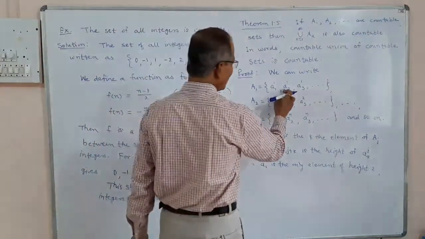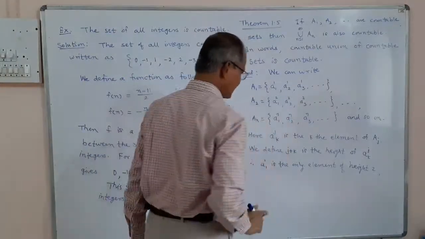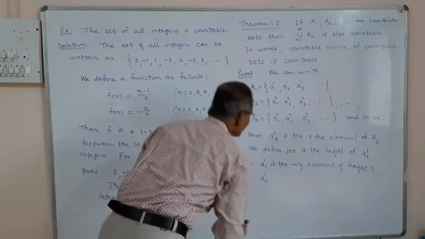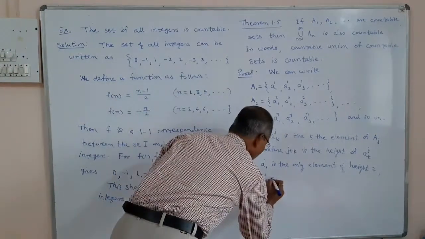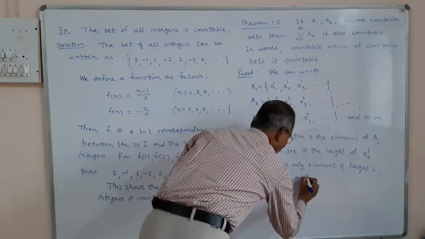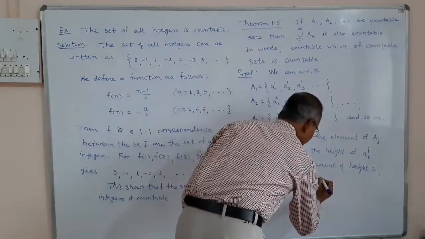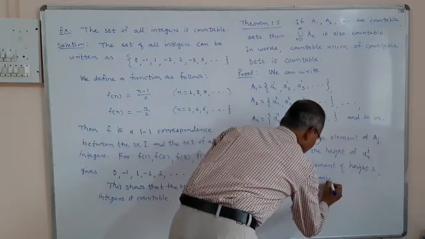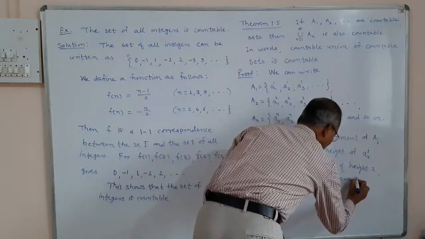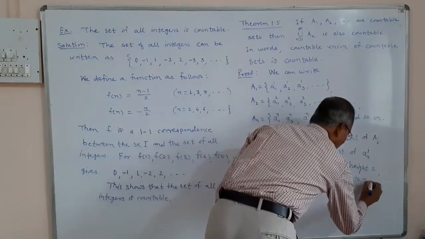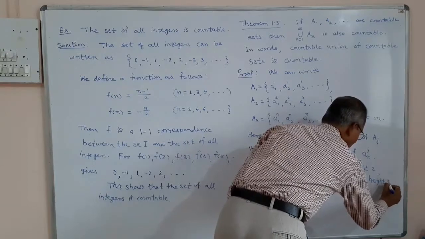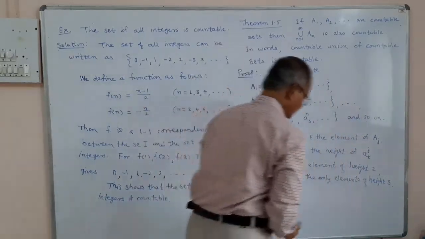You see, A12 and A21 are the only elements of height 3, and so on.